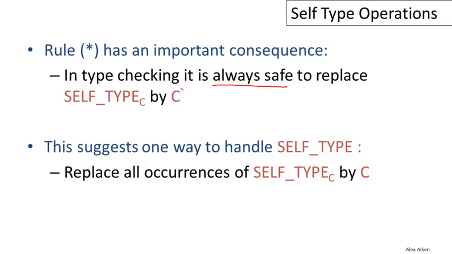It's sound, it's correct to do that, but that's really just like not having self-type at all. That's as if we went back to the example we did in the last video where we started out without self-type and we found out we couldn't use inheritance in the way we expected.